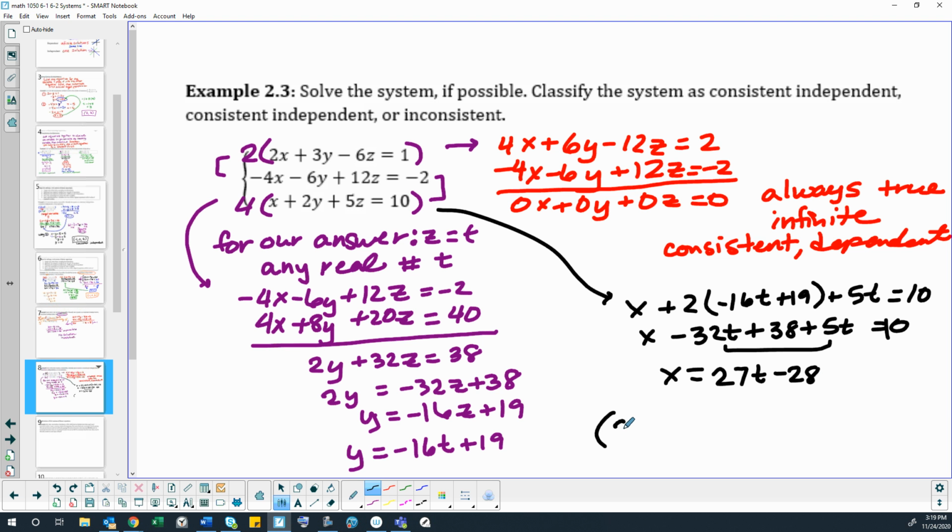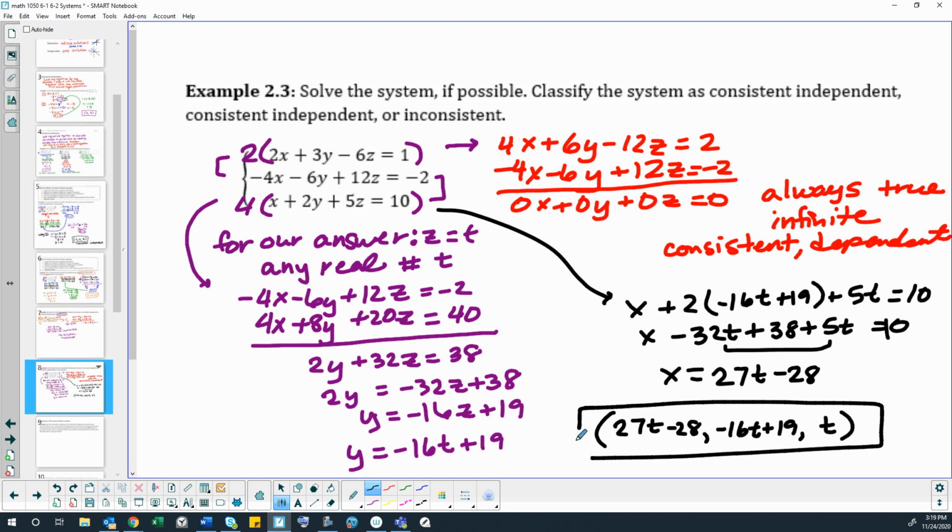So now if we want to put this all together into a coordinate, we have our x value is 27t minus 28, and then we have our y value, which is negative 16t plus 19, and then we have our z value, which we're representing with parameter t. And here is our answer. So any t value we plug in to find y and x, and we have a coordinate that works in all three of these equations.